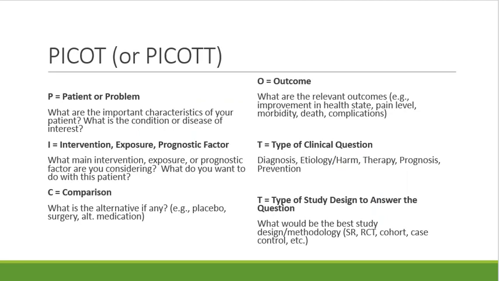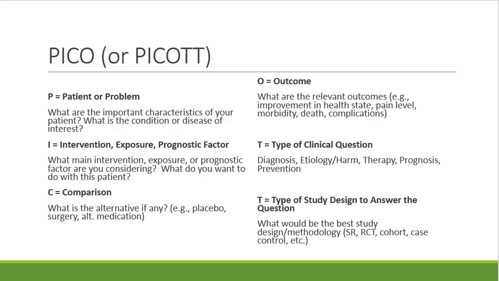So the PICO is very common. It is used as a way to help us think about a patient population and to kind of focus our ability to search the medical literature.